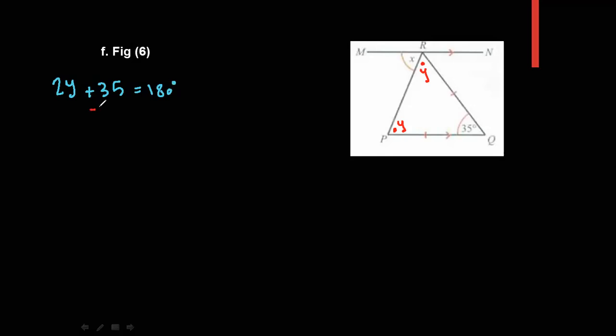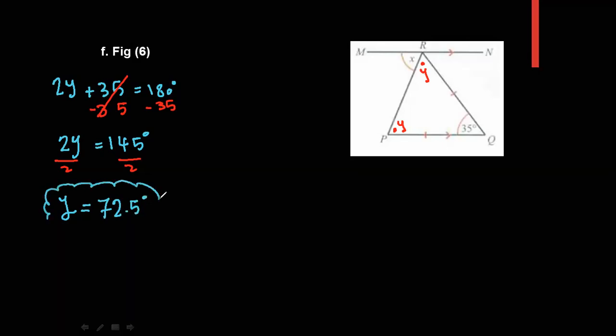Solve the equation. Minus 35 on both sides. Cancel. I have here 2y equals 145 degrees. Then we divide by 2 on both sides. We find y equals 72.5 degrees. Okay. But I want to find the value of x over there, so I will use the concept that is also in the figure.